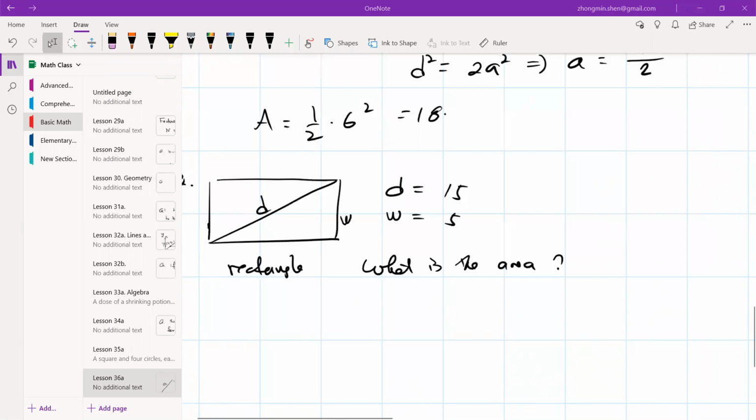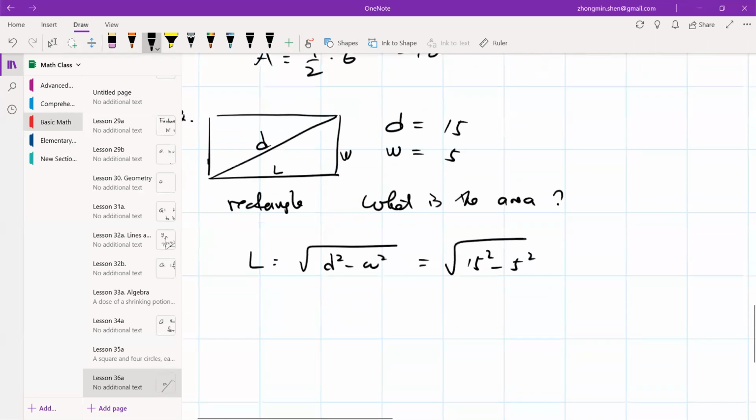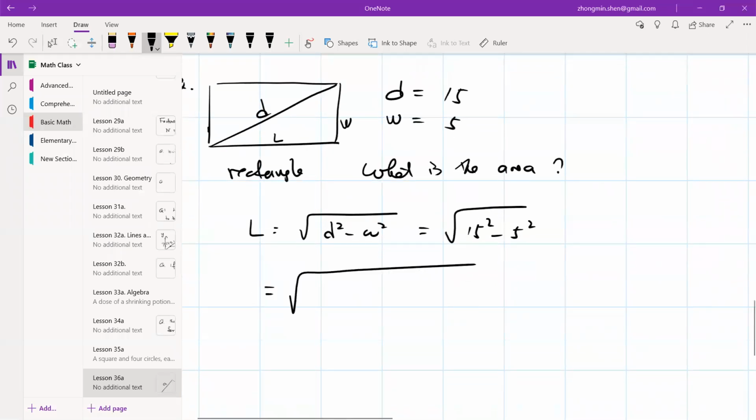All right, so how do you do that? You have to find the length, right? According to the Pythagorean theorem, the length is going to be the square root of d squared minus w squared, right? Width. So it's going to be 15 squared minus 5 squared. The question is, how do you simplify? So we will simplify the following. 15 squared is 3 times 5, right?